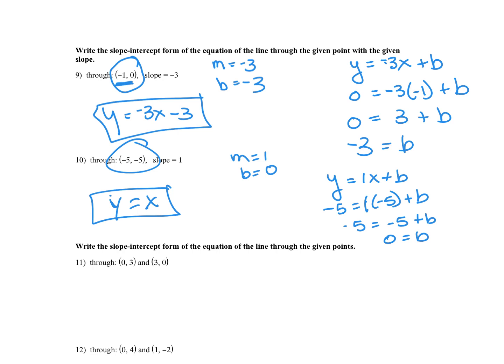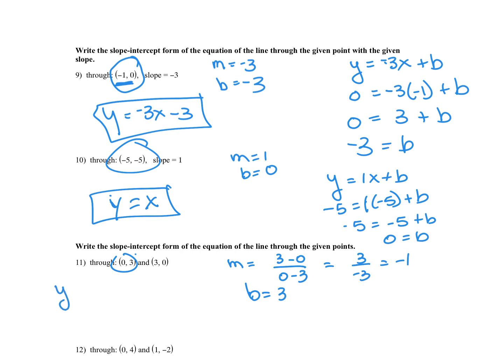Now for the next one, we need to find the slope if we're given 2 points. So the slope is going to be the difference of the y's over the difference of the x's. So that's going to be 3 over -3, which is -1. And now I pick a point, any point, to find the b. If you see a point that starts with a 0, the b is that other number, 3, but we can check it and see.